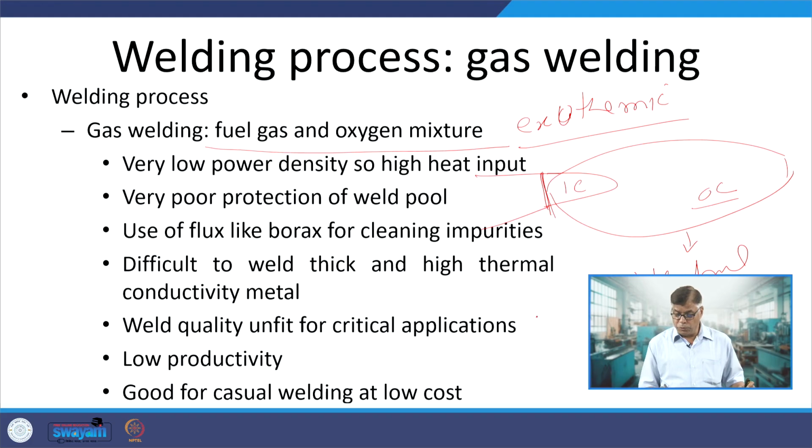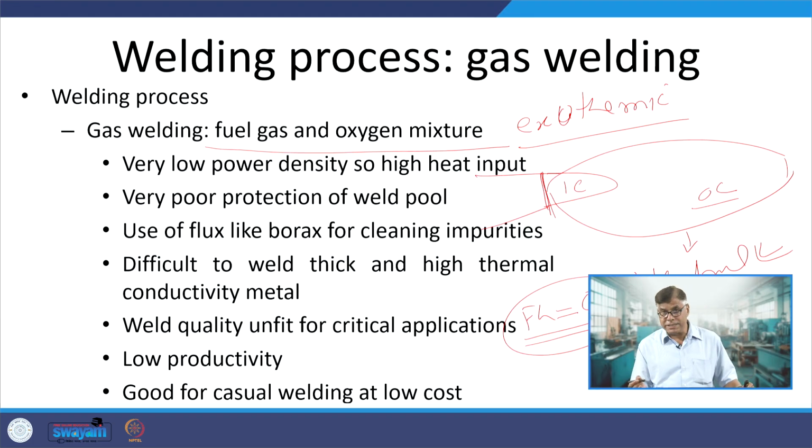Okay. So, when the proportion of the fuel gas and oxygen mixture is almost equal, then we get the neutral flame. But if the ratio of the fuel gas to the oxygen is greater than 1, then we get the carburizing flame, and in that case we get the third cone also.